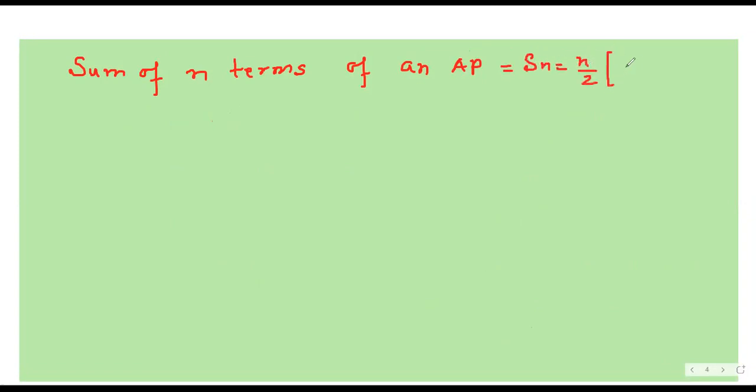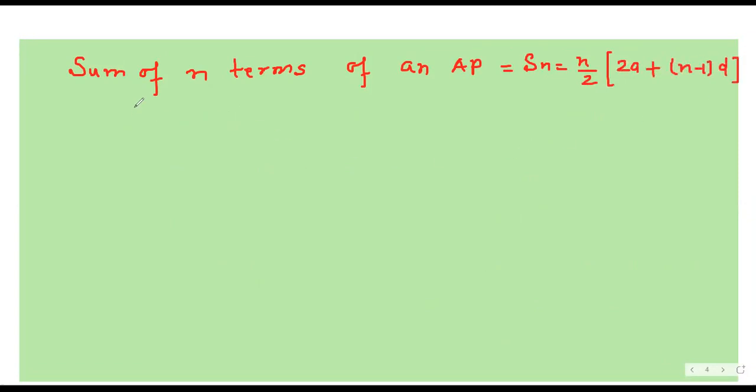Now, the sum of n terms of an AP is given by Sn equal to n by 2, 2a plus n minus 1 into d.